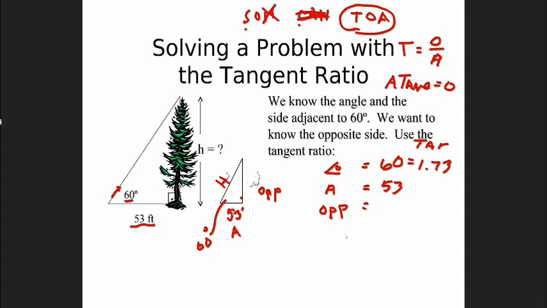So now I'm going to plug it all in and multiply it out. I'll write the formula down first. A times the tangent of the angle is going to be equal to the opposite. And the opposite's what I want.